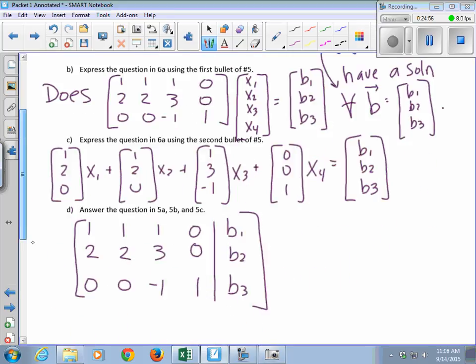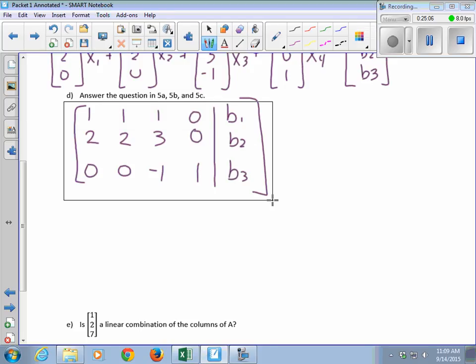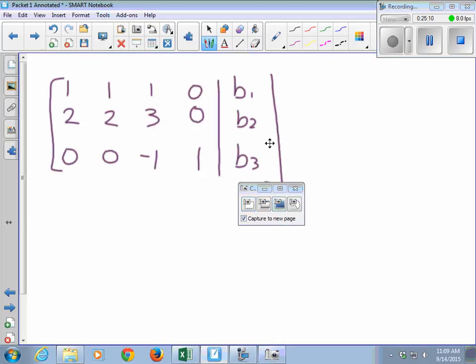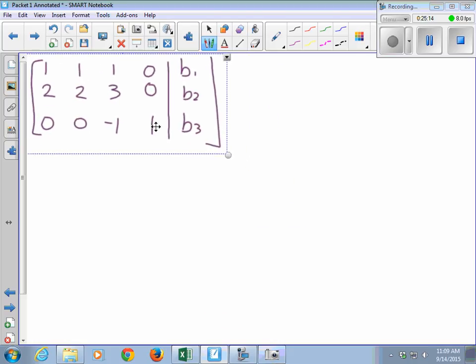Almost done. So I just need to row reduce this thing. Let's start a new page. All right, so my first goal is always to get a 1 in the upper left, check, right?